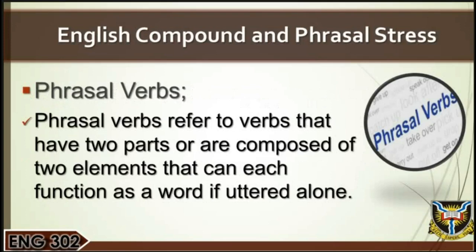His: all weak contexts, except at the beginning of a word group, where hiz is used. Her: all weak contexts, except at the beginning of a word group, where hɜ is used. Him, there, them, us: all weak contexts.